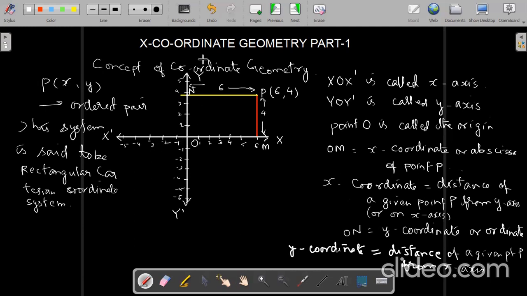As you have seen, these two lines are dividing the plane into four parts. The first part, X O Y, is called the first quadrant. This whole part is called the first quadrant.